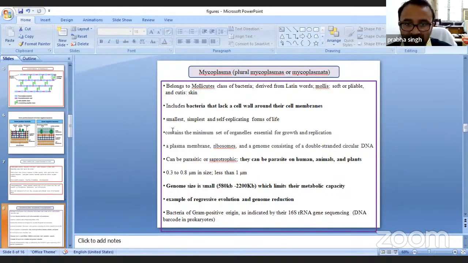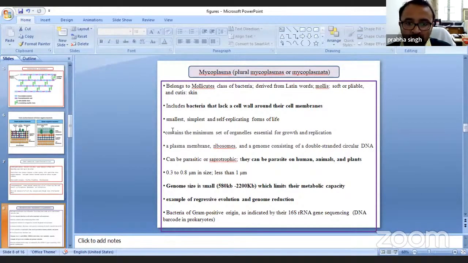Their size, as we have discussed earlier, is very small, 0.3 to 0.8 micrometer, less than 1 micrometer. Their genome size is also small, just 580 kb to 2200 kb, which limits their metabolic capacity.